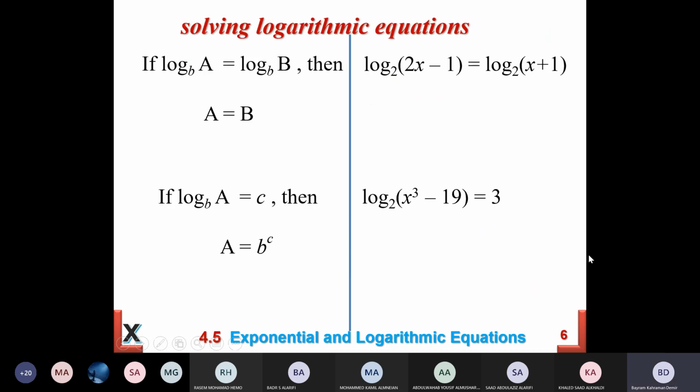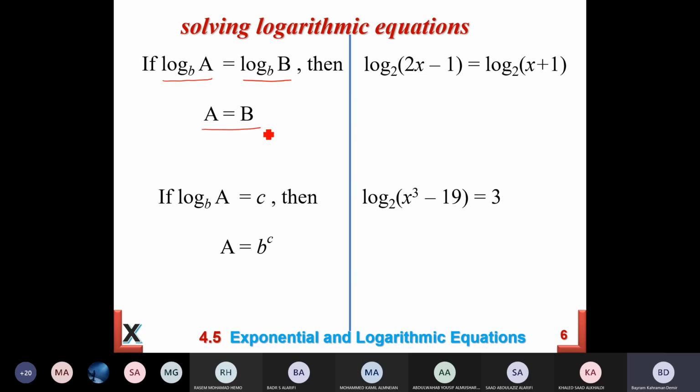Next, to solve logarithmic equations, Shabab, we need to remember the one-to-one property of logarithms. When you have a logarithm of one expression equal to a logarithm of another expression, we call a and b the arguments of the logarithm.